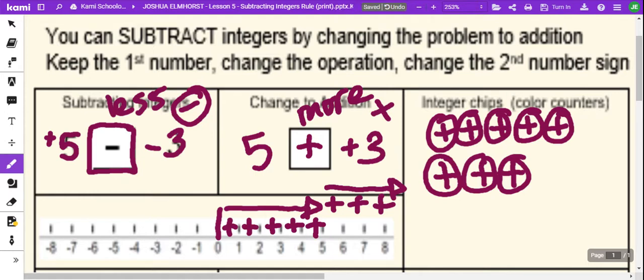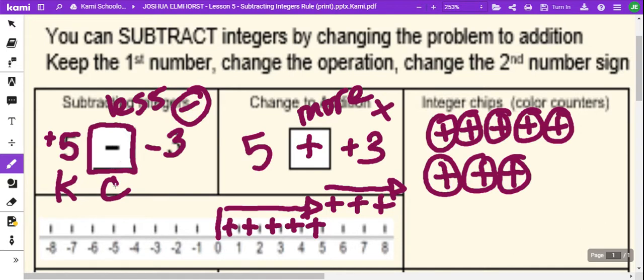So the strategy that we're going to use instead of always explaining it this way is we're going to keep what we started with. We're going to keep the 5, and then we're going to change the subtraction to, instead of what we're taking away, what we're going to get more of.